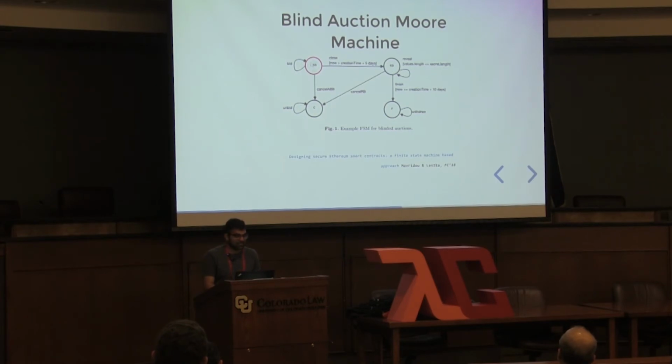But also when you're accepting the blinding bids, you can cancel a bid, and that's when you go to the cancel state, and then you can unbid, and then you loop back that way. Or after revealing, if you want to cancel, then you go back to the cancel state. And finally, after a certain point, you can go to the finish state, and then you start withdrawing the auction money.